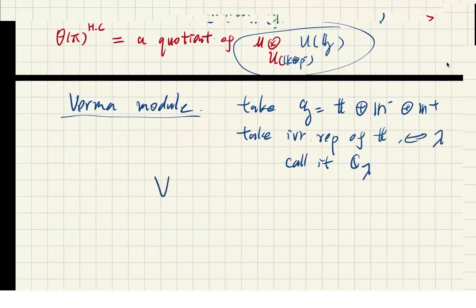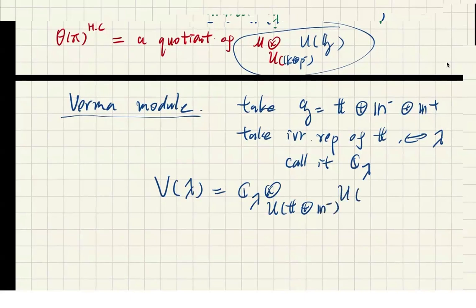Okay, then the Verma module of lambda is just C lambda tensor with U of T plus, I like to make it as a lowest weight module. So therefore I write it in this way. And then you tensor with U of G_C.